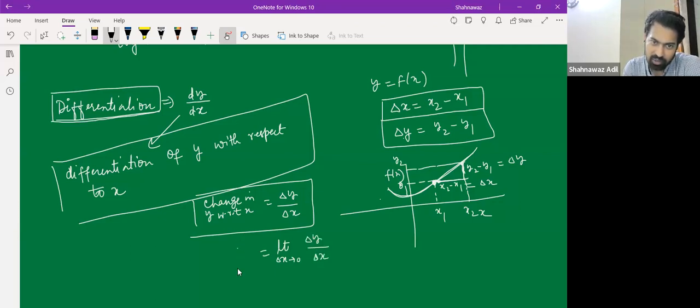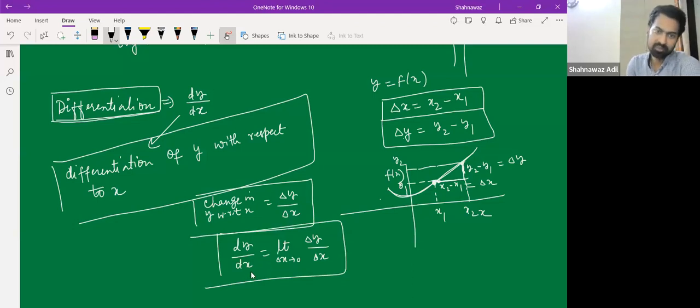This is called the differentiation: a very little change in y with respect to x. This was the delta x, between x1 and x2.